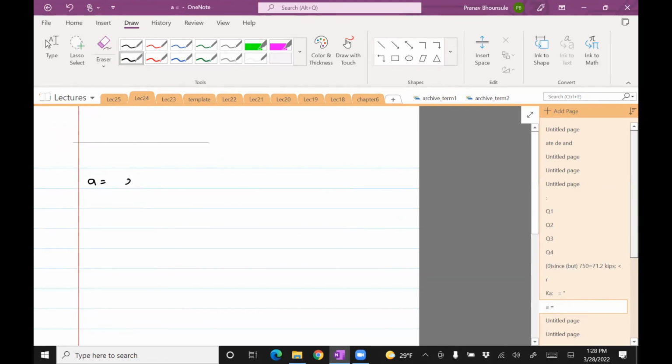So A is 0.84 times 105, this needs to be squared, divided by SE, which is 30.15.